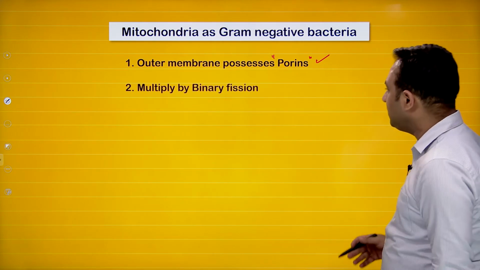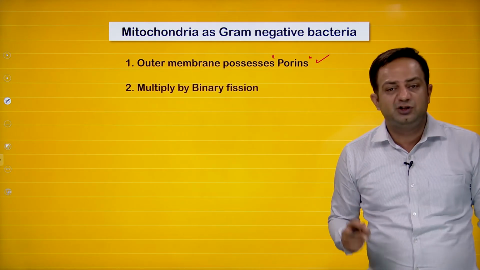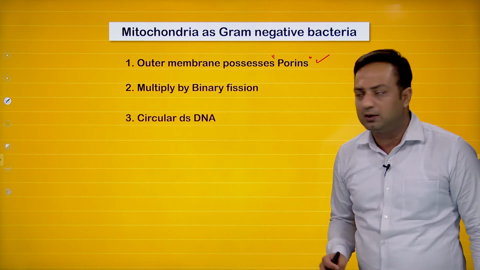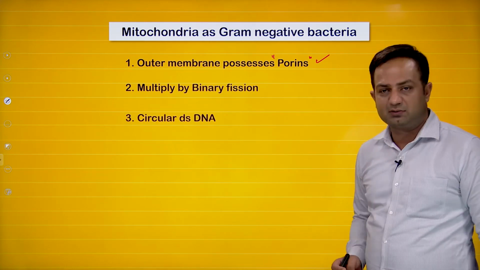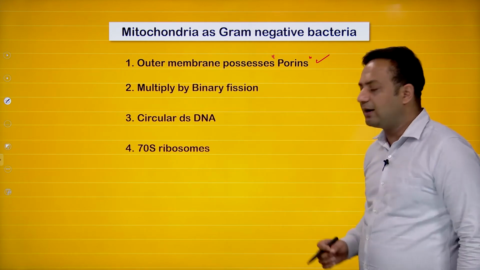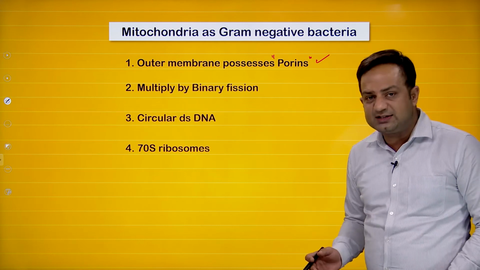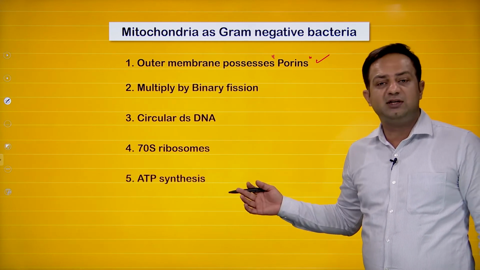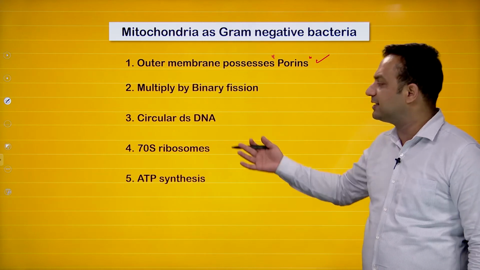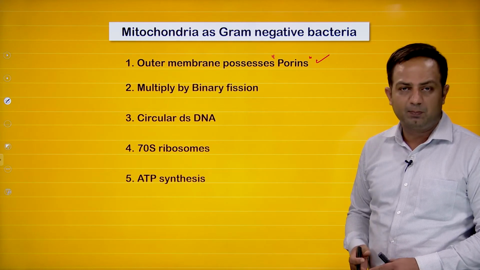Second, they multiply by binary fission. Both of them increase in number by binary fission. Third, they have circular double-stranded DNA, meaning the genome. Fourth, 70S ribosomes, which are the site of protein synthesis, and for protein synthesis the energy is provided by ATPs, which are synthesized in the mitochondria.